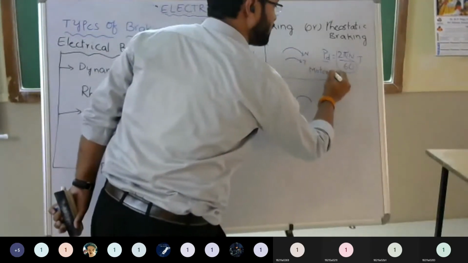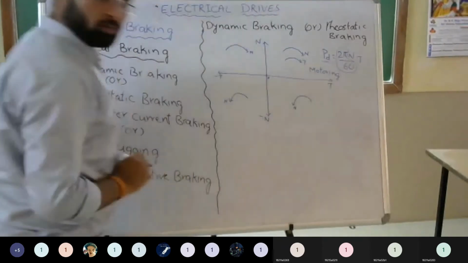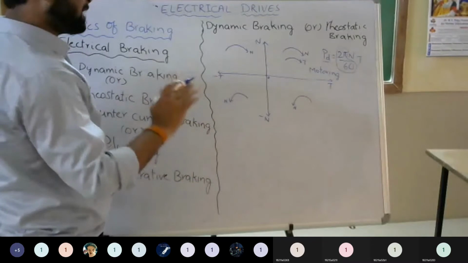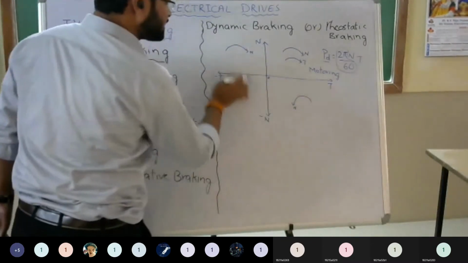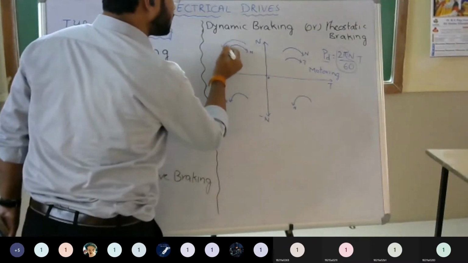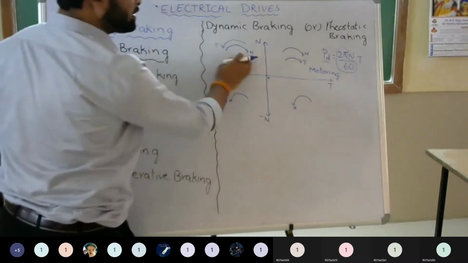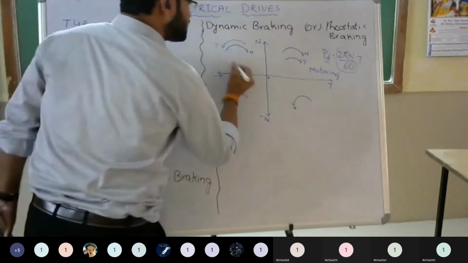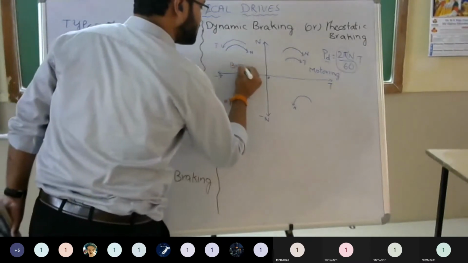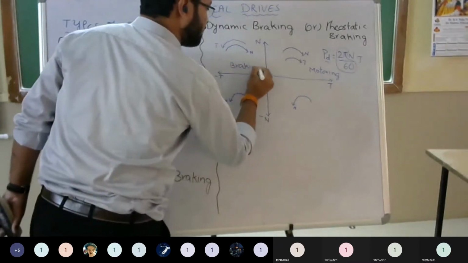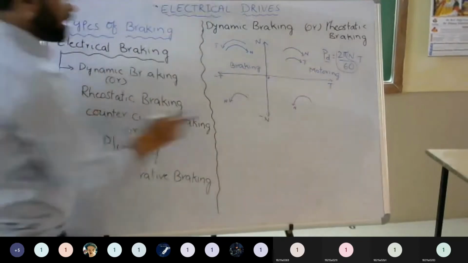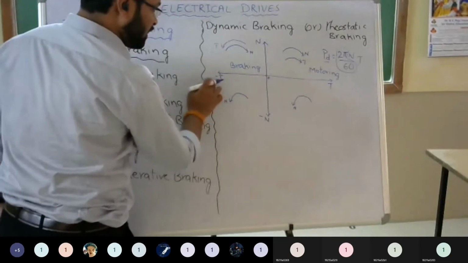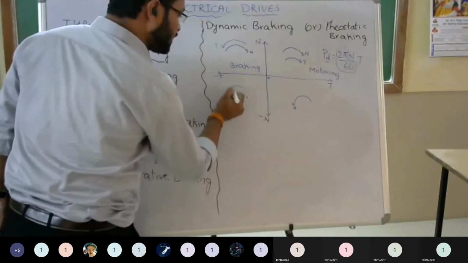Then it is operating in motoring mode. If anything is negative, it is operating in braking mode. Here torque is negative, that means torque into speed, power becomes negative, so this is braking mode. And here speed is already negative and torque is also negative.